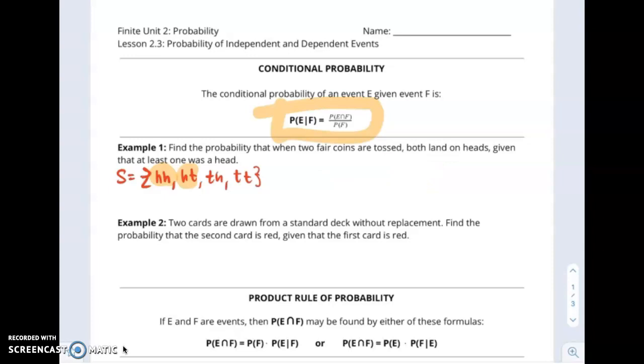In example 1, I started by listing the sample space for if we toss two fair coins, the different outcomes we could have. Now we're going to look for the probability that both land on heads given that at least one was a head. So there are 3 cases of which there was at least one head. And now I'm going to define the 2 events. So event 1 is that there's at least one head.